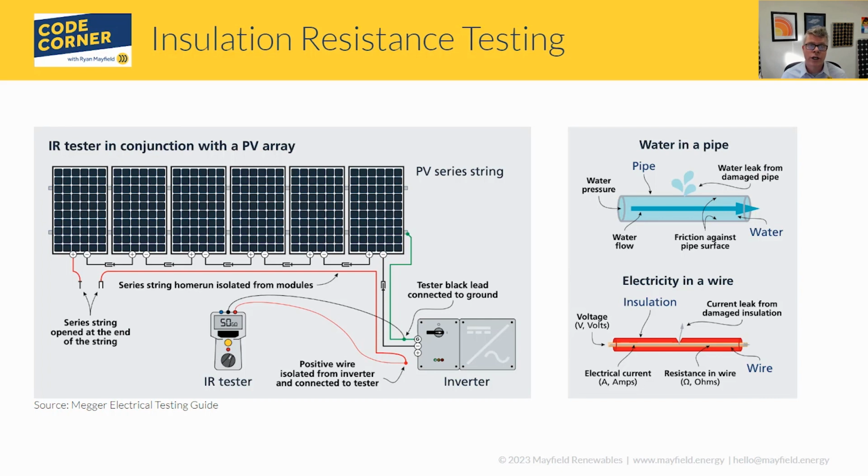Really what we're trying to do is inject that voltage. A minuscule amount of current is able to flow through, and the tester will then look for any return current on ground. If you have any amount of current coming back on ground, it will register that. The meter itself will tell you what the resistance is in ohms, doing the calculation in the meter.